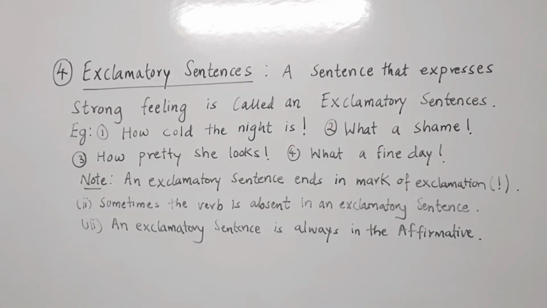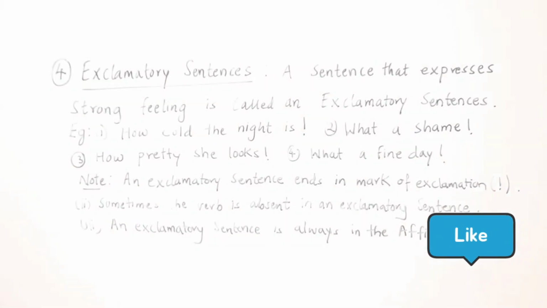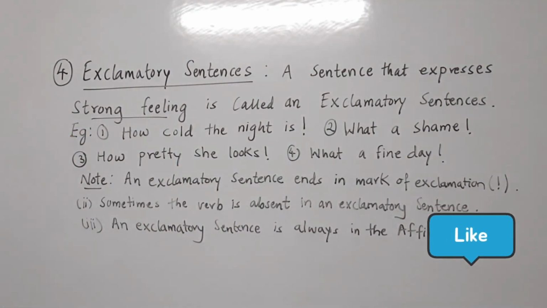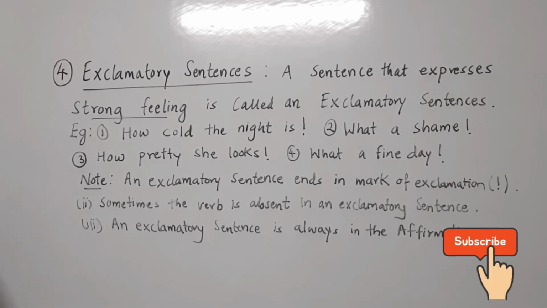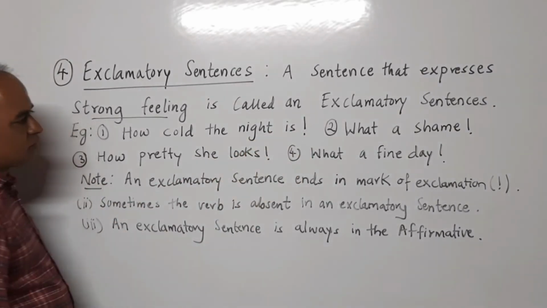Fourth kind of sentence, exclamatory sentence. A sentence that expresses strong feeling is called an exclamatory sentence. The examples of exclamatory sentence: how cold the night is! Exclamatory mark.